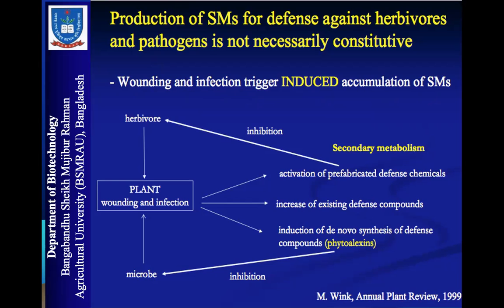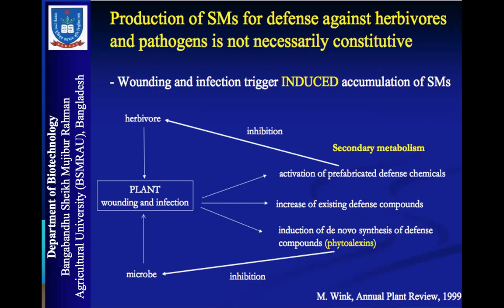That means they are not present as constitutive compounds in the plant cell. But when plants have wounding, be it wind or storm or insect or herbivore biting, or if a microorganism infects the plant, then the plant can sense it and is induced to produce some secondary metabolites.